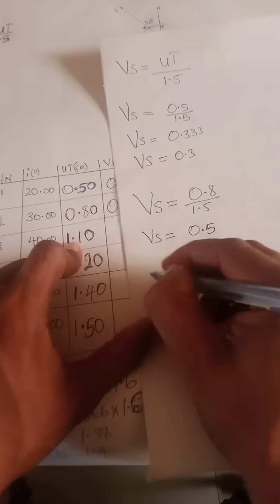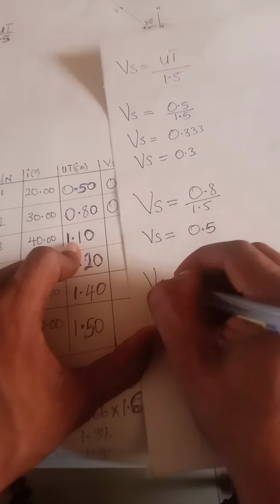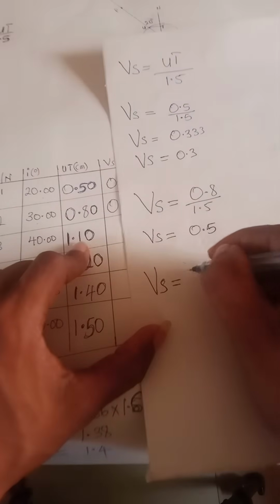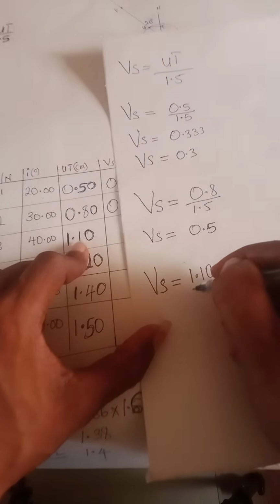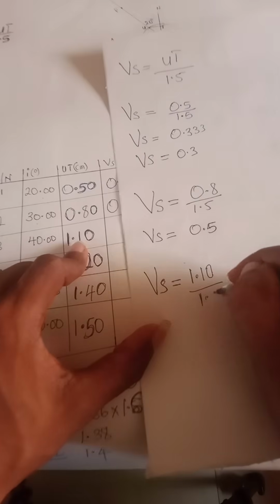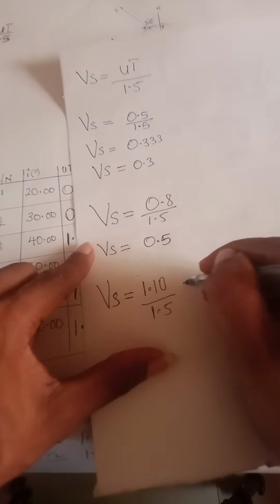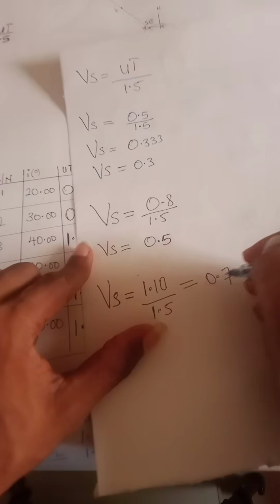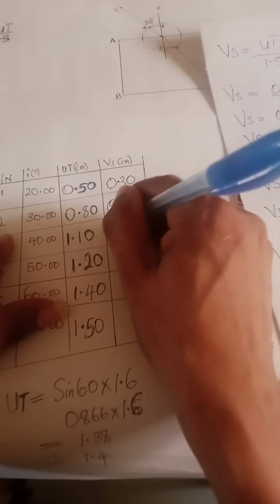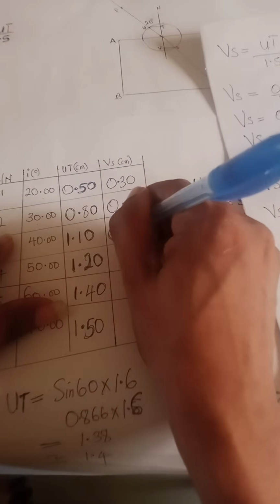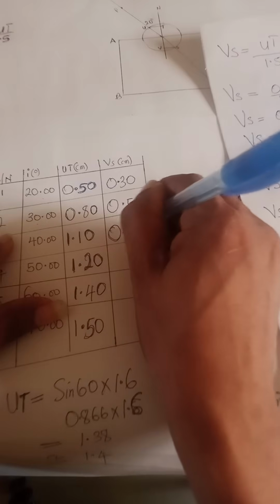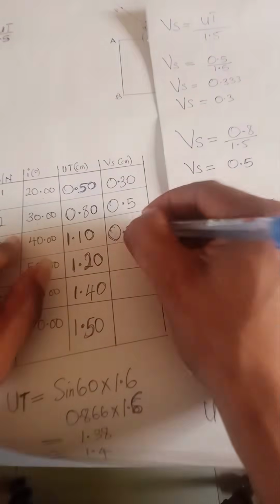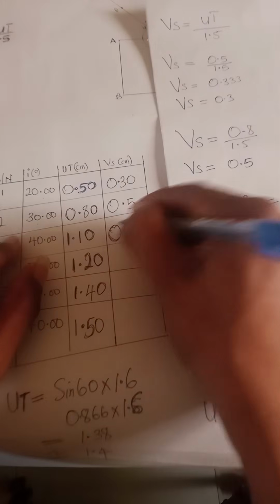Okay, and when it is 1.10, we have my Vx to be 1.10 divided by 1.5, which will give us 0.7. So I will have the x to be 0.7. So this is exactly what you will do.